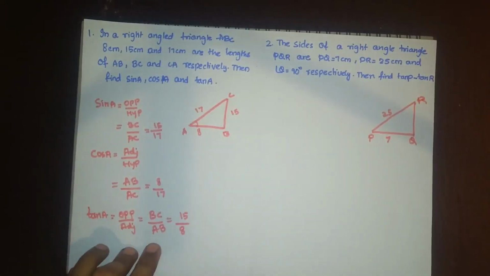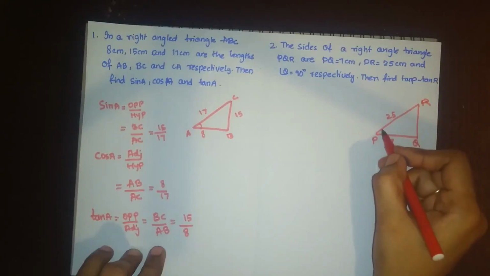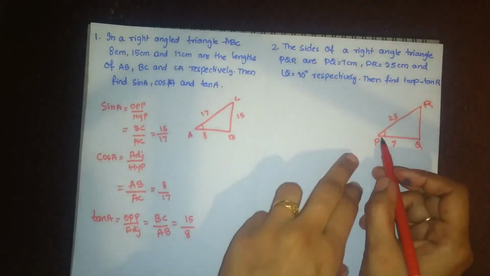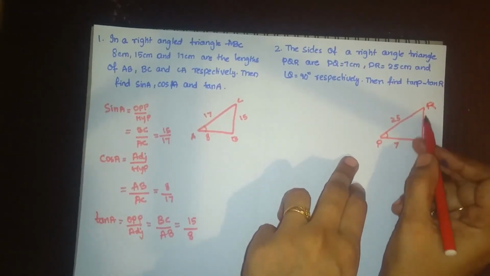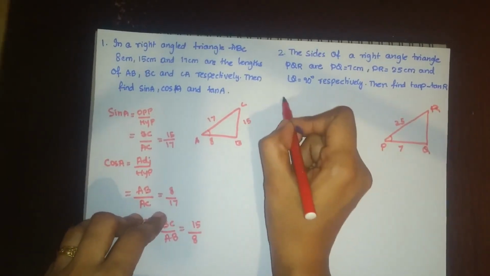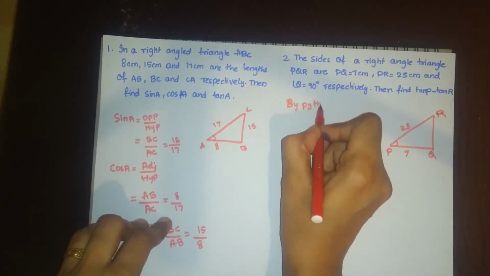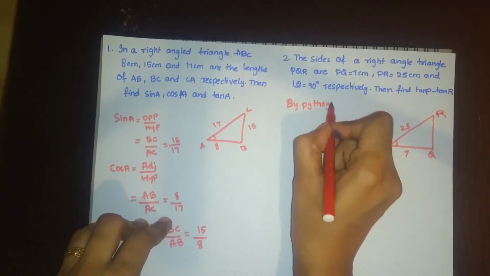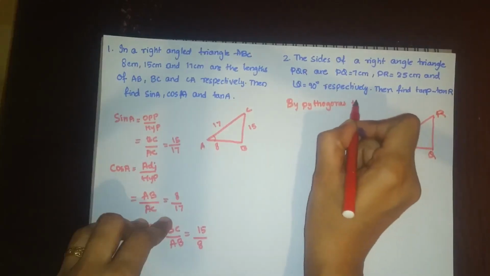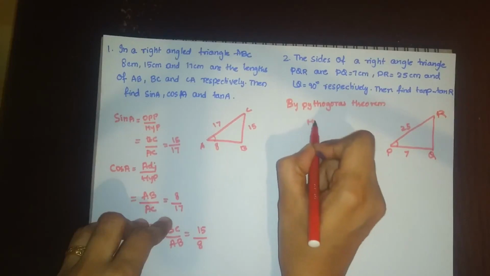Here we need the length of opposite side of both angle P and angle R. Opposite side of angle P is QR, for which we don't know the value. So, by Pythagoras theorem, what do we have?